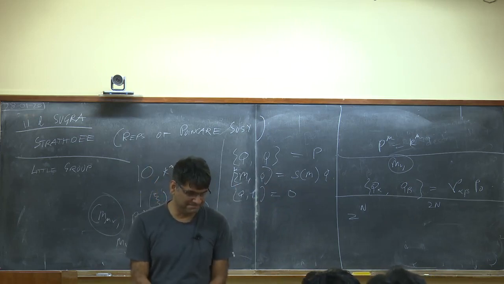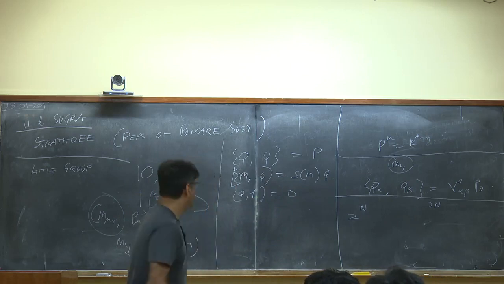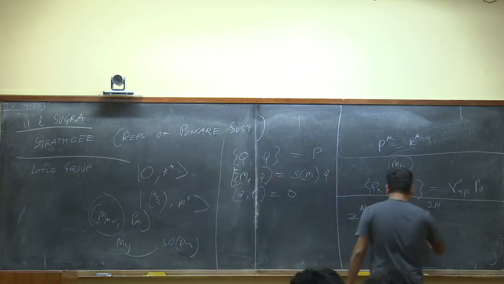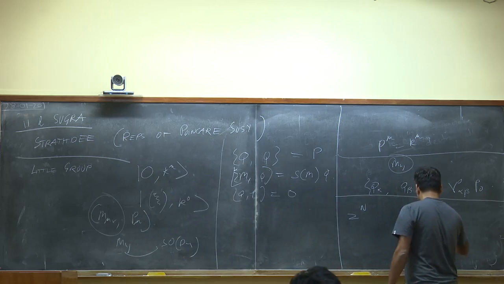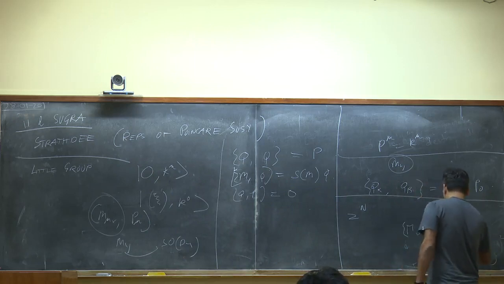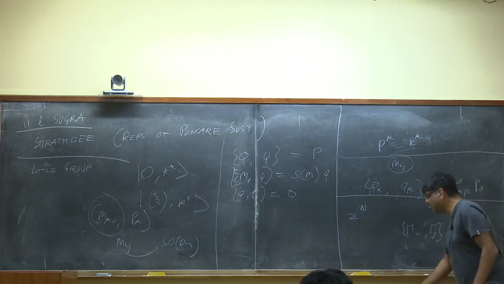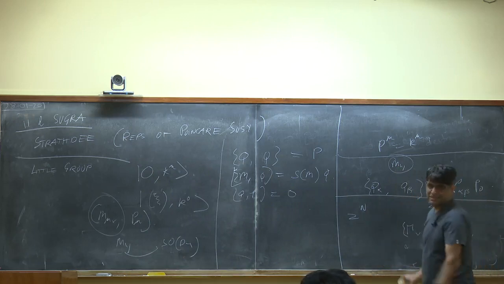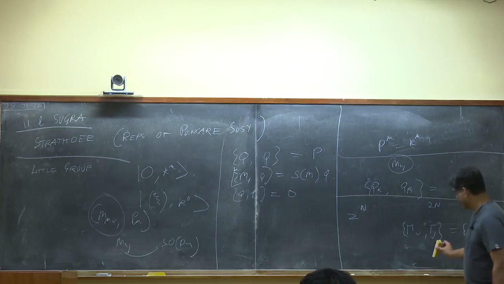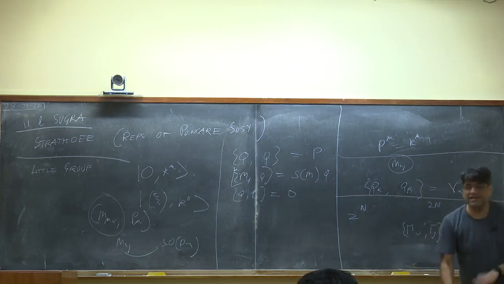Is this clear? No? See, suppose you had a Clifford algebra, gamma i, gamma j is equal to delta ij. Now suppose in this Clifford algebra you had 2n dimensions. What is the dimensionality of the spinors? How do you figure this out?